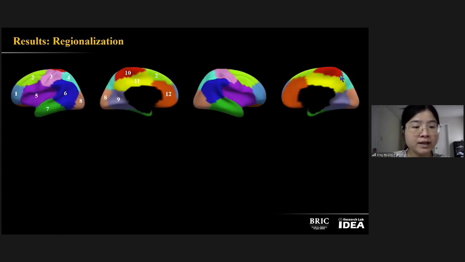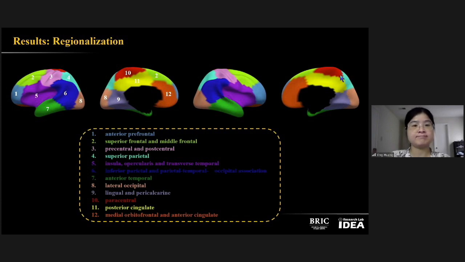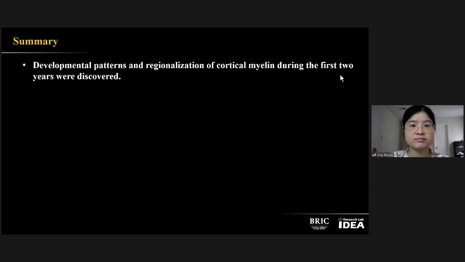As shown in the figure, the discovered developmental-based parcellation map exhibits bilaterally symmetric patterns and corresponds to structurally or functionally meaningful specialization. The correspondences are shown as follows. Taken all together, we can summarize our contribution of the research into three parts.